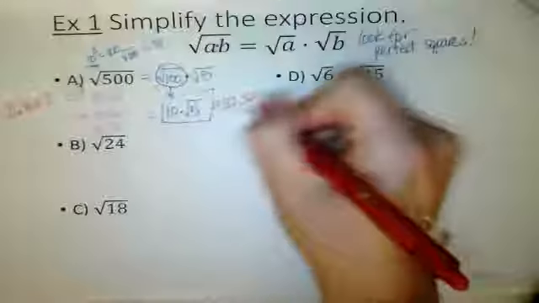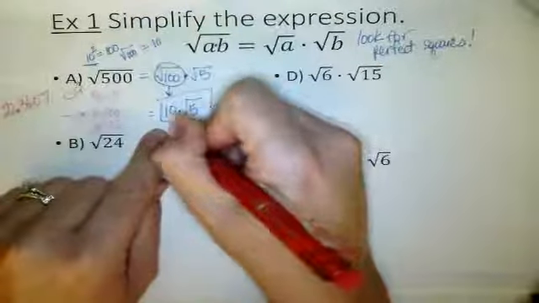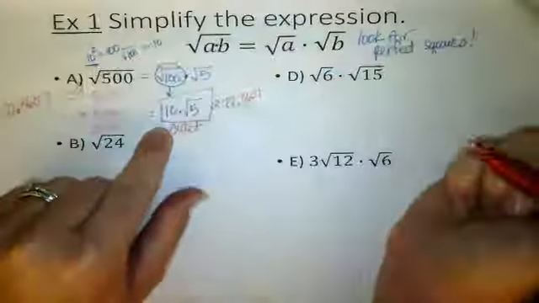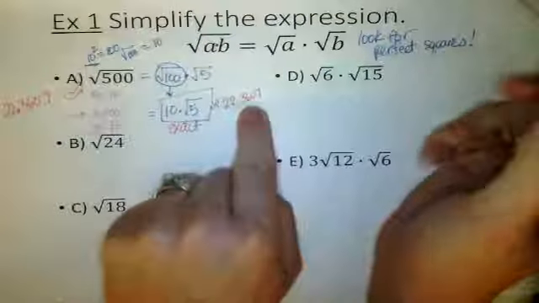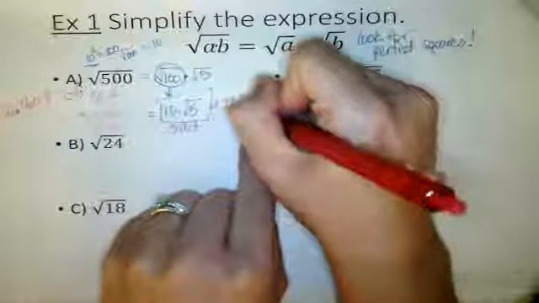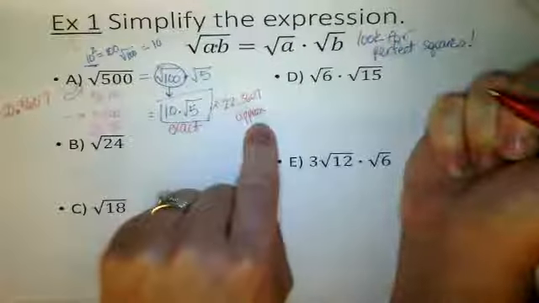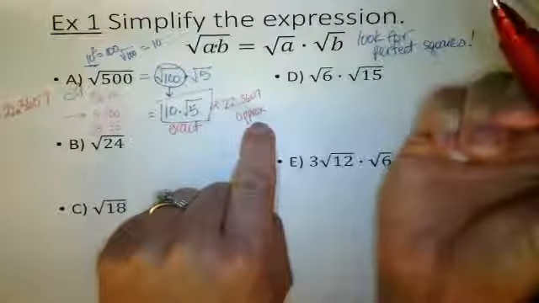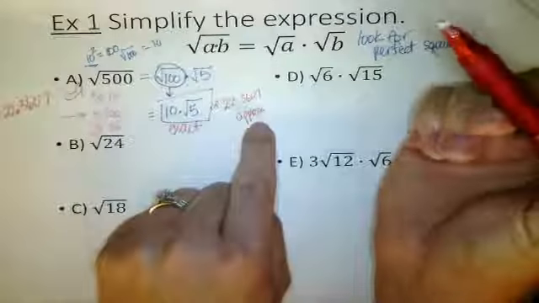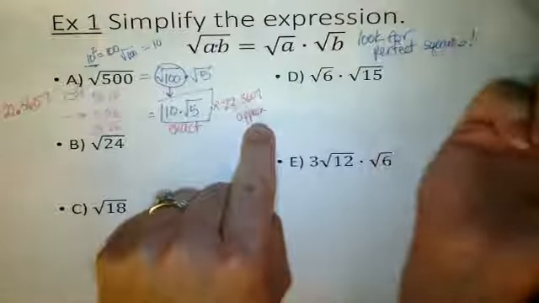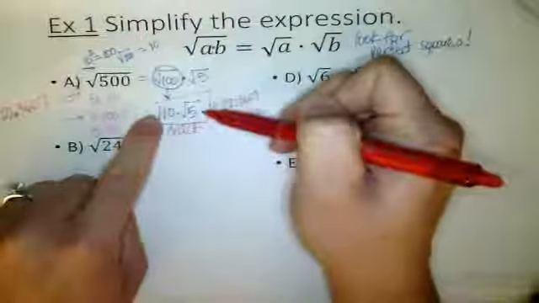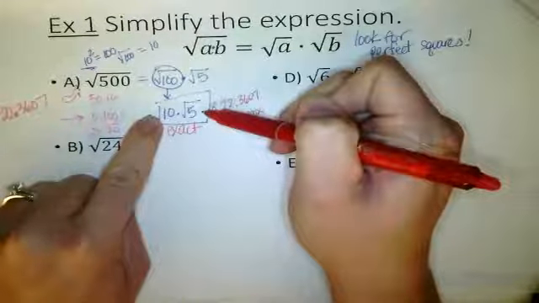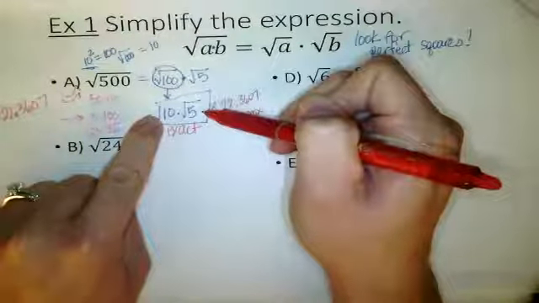Now, this is an exact answer, 10 radical 5. This is a decimal approximation. You will rarely give me a decimal approximation, okay? Unless I tell you round your answer to the nearest thousandth, you're going to leave your answer like this. 10 radical 5 is perfectly wonderful, it's exact, and it's easy.